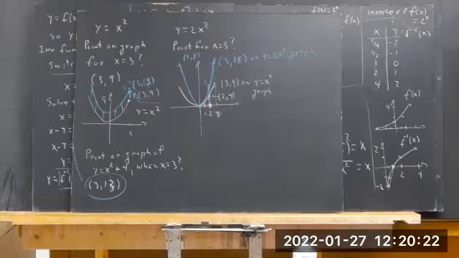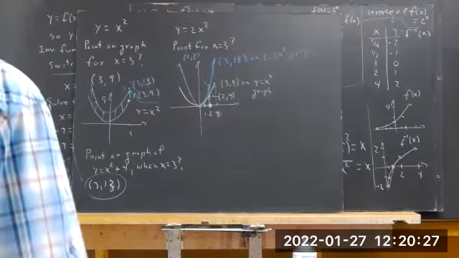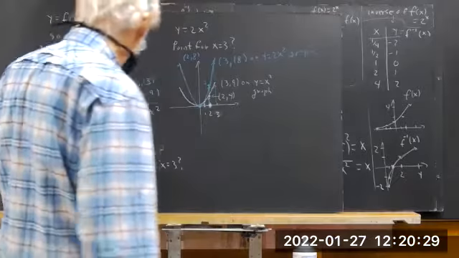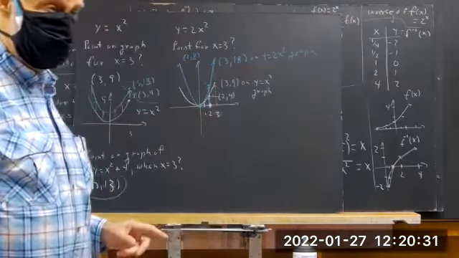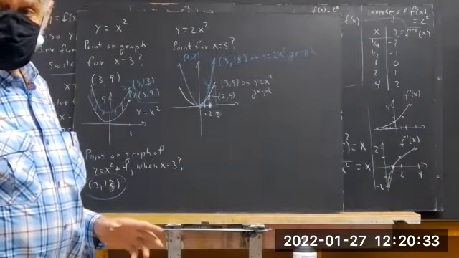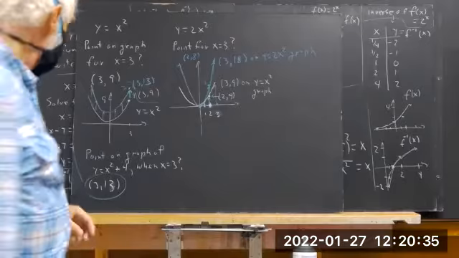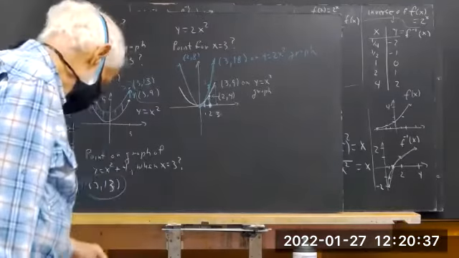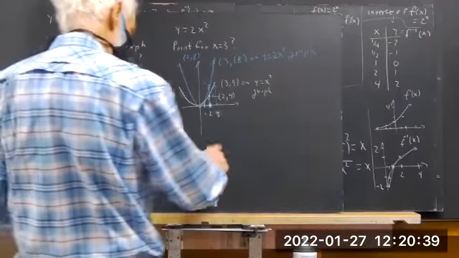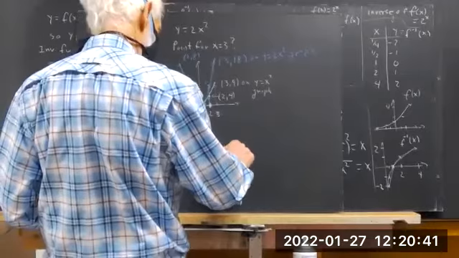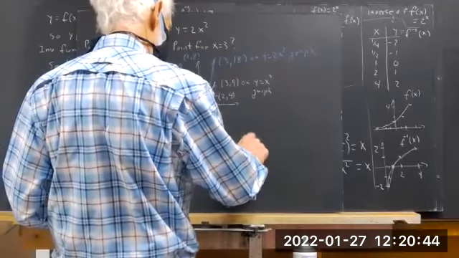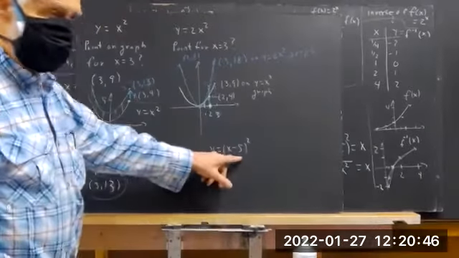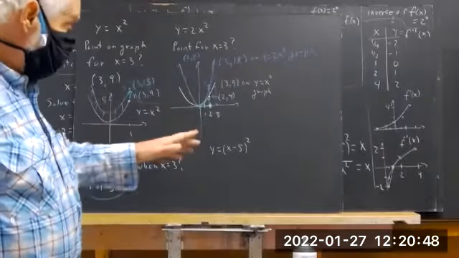So this is an introduction to transformations. Now there are 2 other transformations. Let's just start with these 2. There's one that's a little bit confusing. y equals x minus 5 squared. That's going to move the graph 5 units.